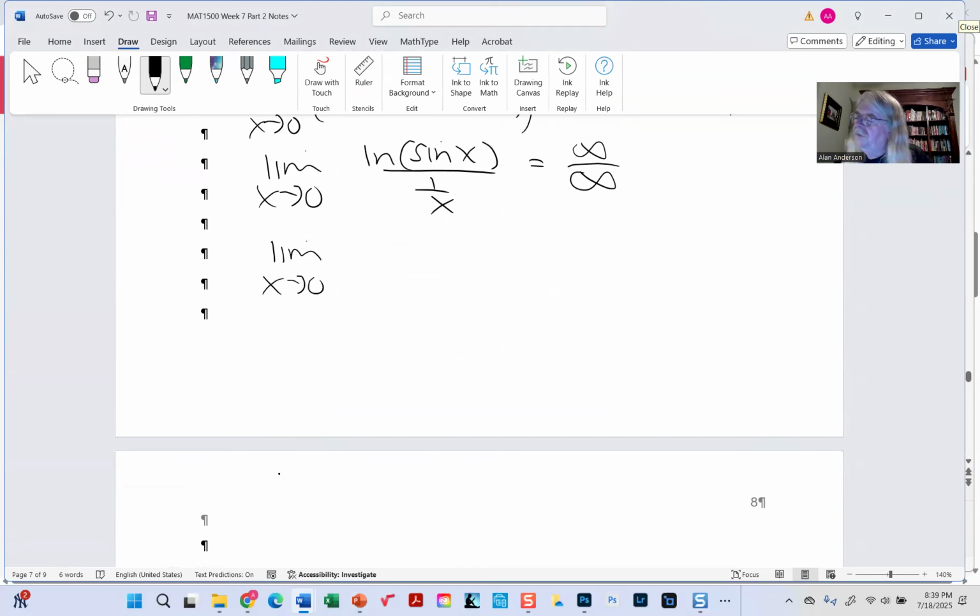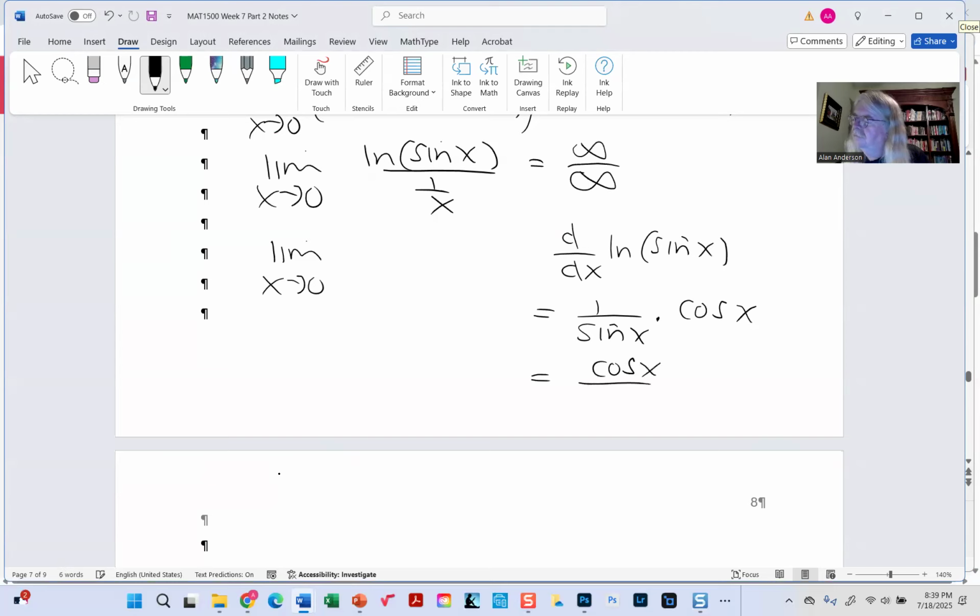So the derivative of the log of sine of x is going to be 1 over sine x. And if you remember, the derivative of the sine of x is the cosine of x from the chain rule. And that in turn is the cotangent.